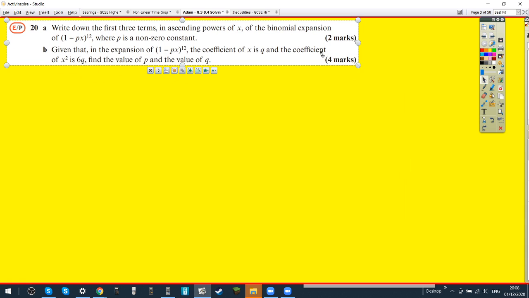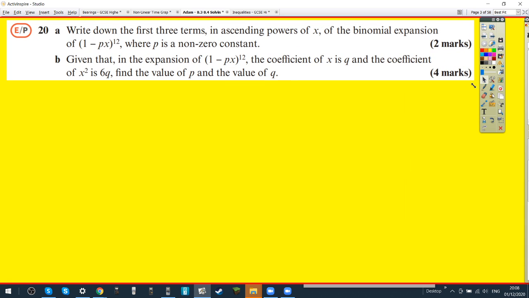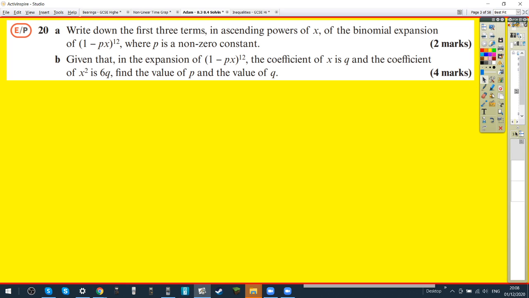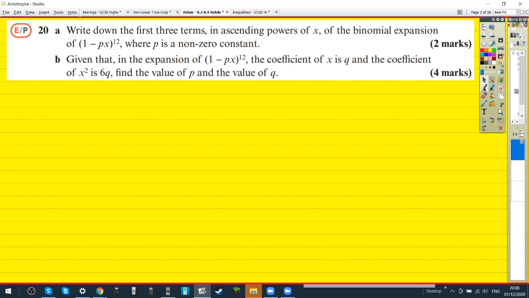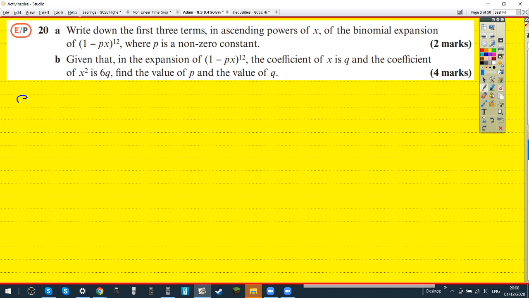This is another type. Given that the expansion... okay, we have to do this one again. So let's see. The first three terms.